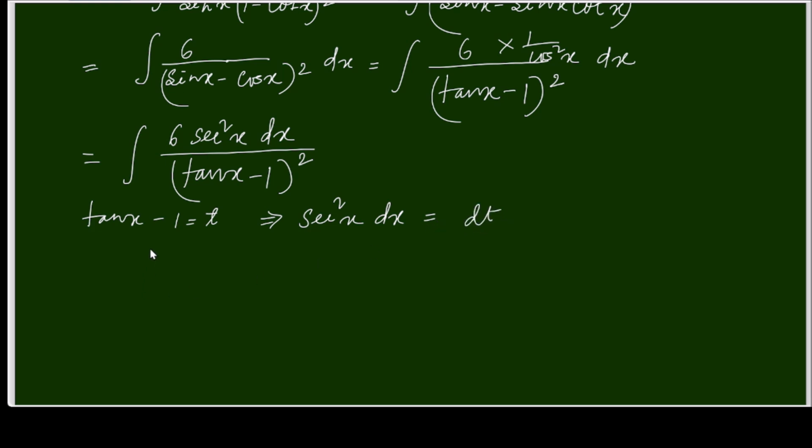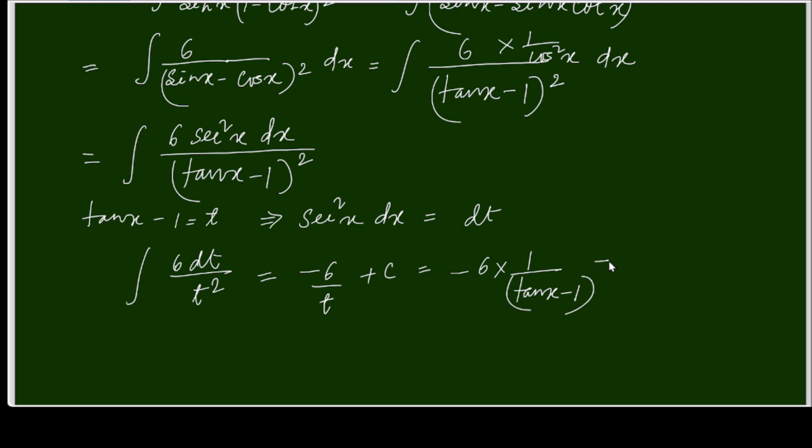So we are getting the integral of 6 dt over t square, which equals minus 6 over t plus c. It is not 6t, it is 6 over t, so minus 6 by tan x minus 1 plus c.